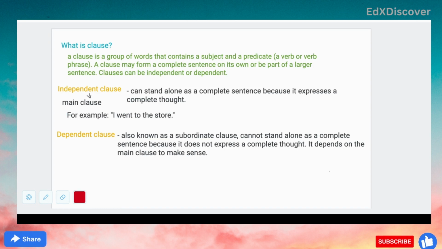Now let's see the example for dependent clause. For example, although I was tired, I stayed up late to finish my homework. So this is the example for dependent clause.